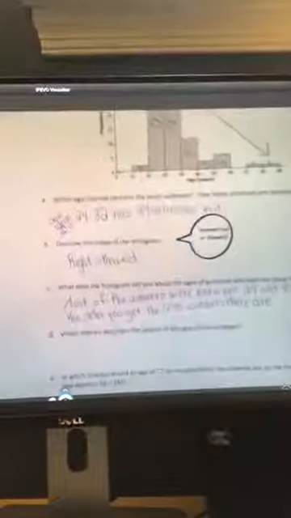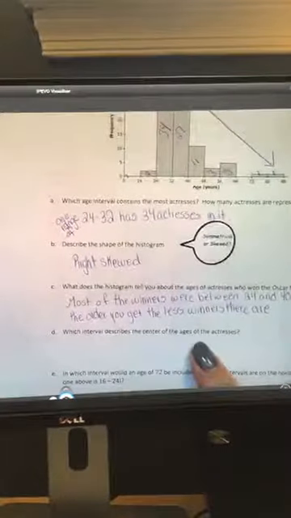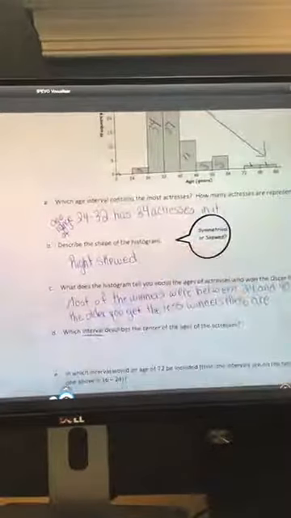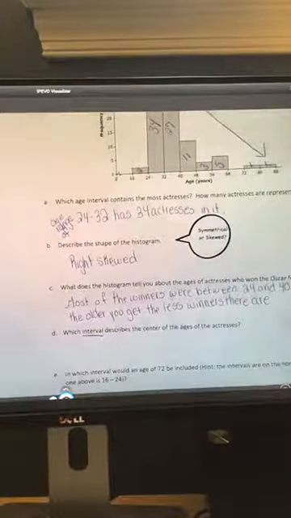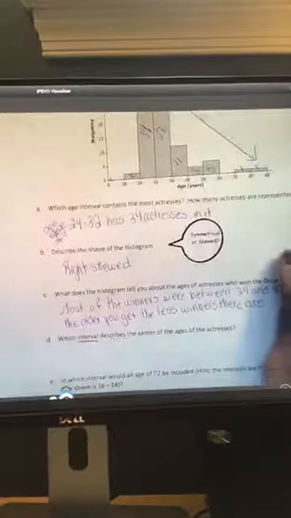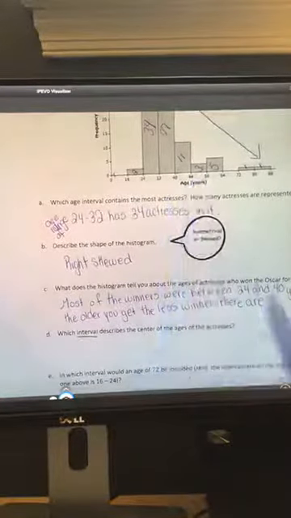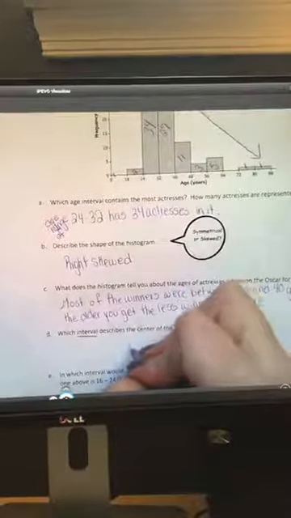All right. So which interval describes the center age? So remember, an interval is like 10 to 20. So we have to come up here and find the interval that has 42 in it. And the interval that has 42 in it is 40 to 48.